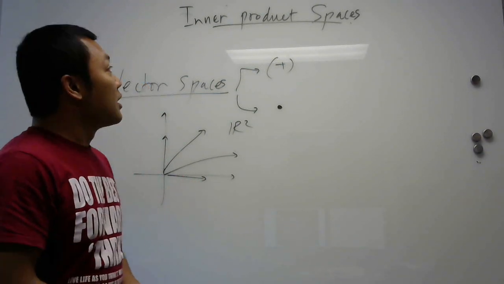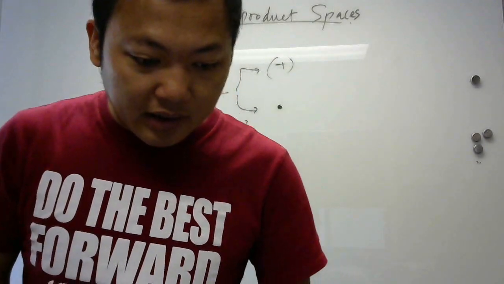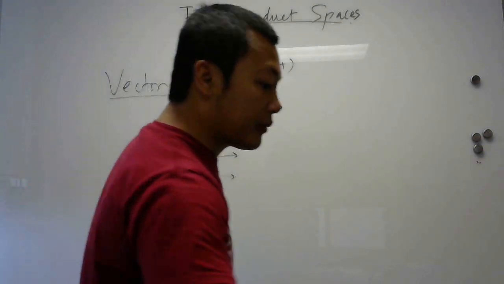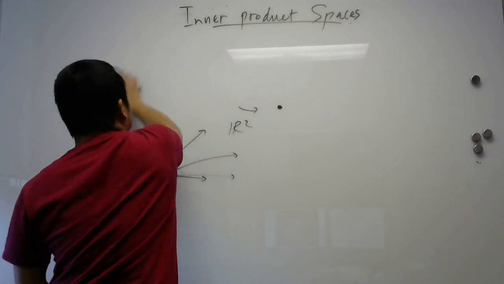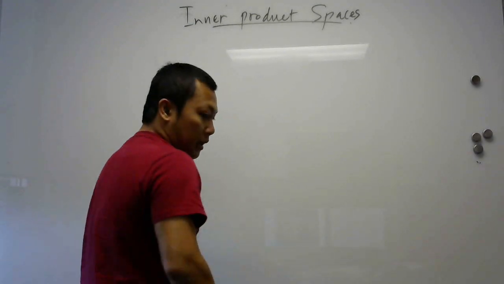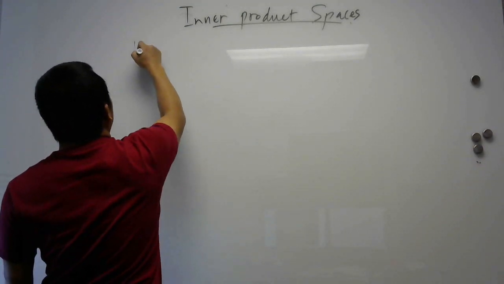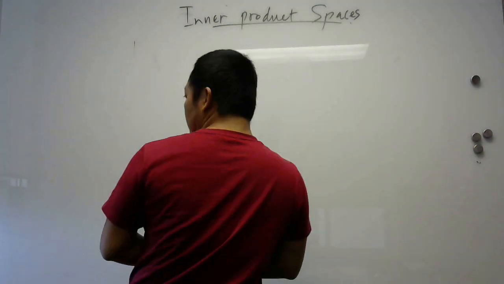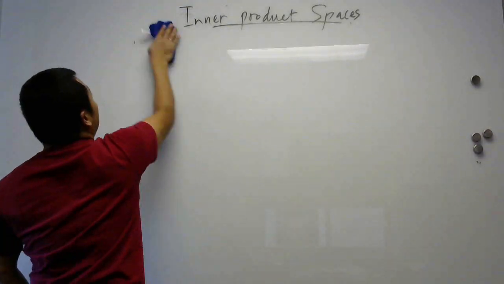All right. So let's move to the first section of this chapter: length and dot product in Rn.